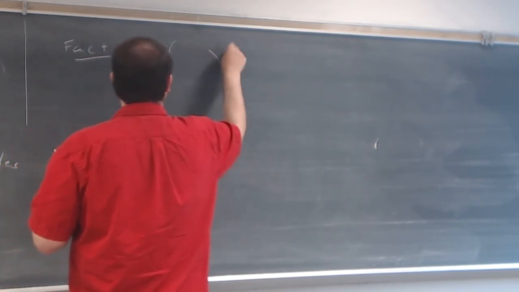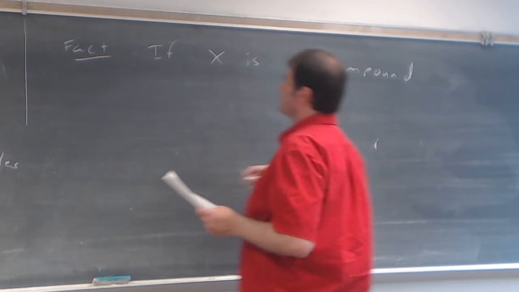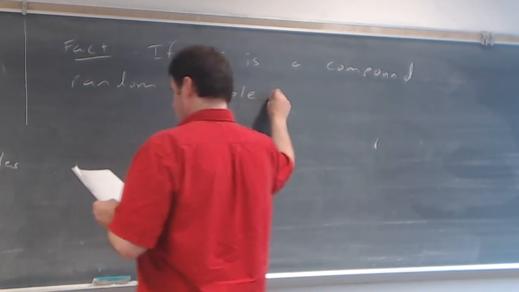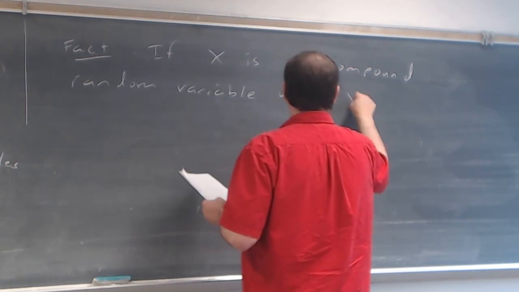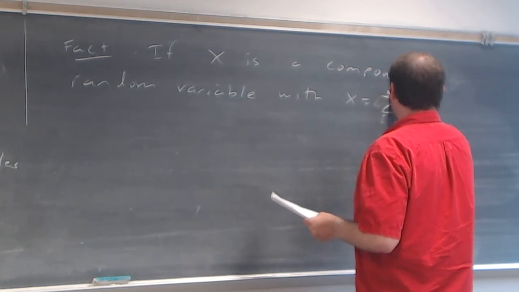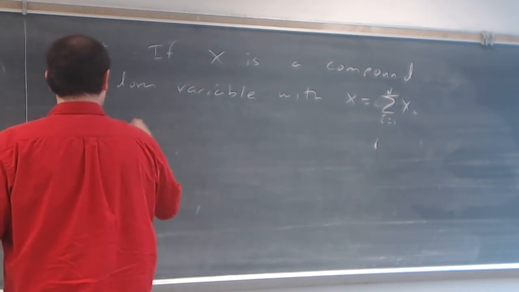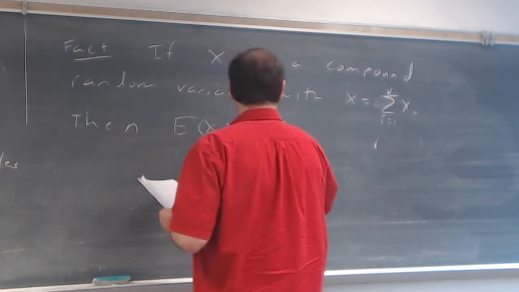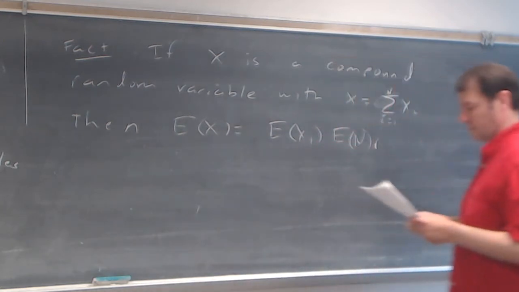Says if X is a compound random variable, with X equal to the sum as i runs from 1 to big N of X sub i, then the expected value of X is equal to the expected value of X sub 1 times the expected value of N. Okay?